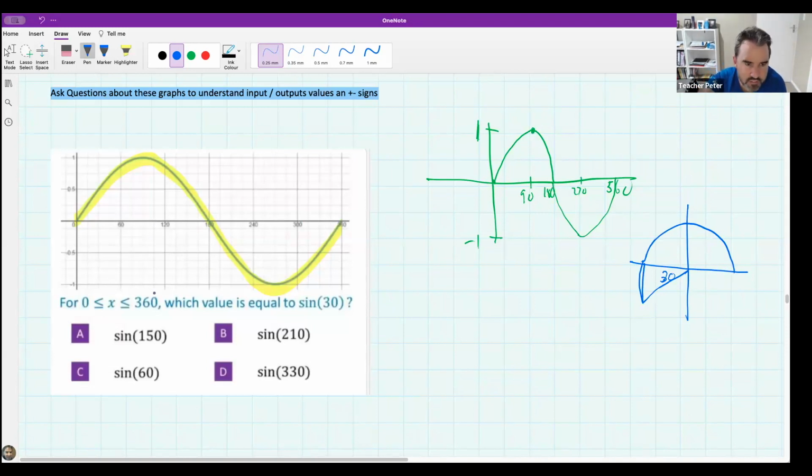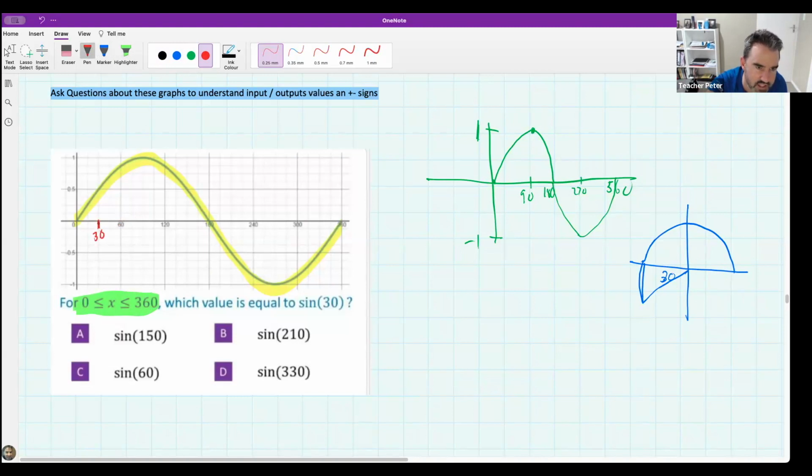So if you look at this question, it says, for values between 0 and 360, which value is equal to the sine of 30? Now, what value is the sine of 30? Well, let's go and find 30. So that's 60. So I guess that's 90. So 30 is going to be over here.